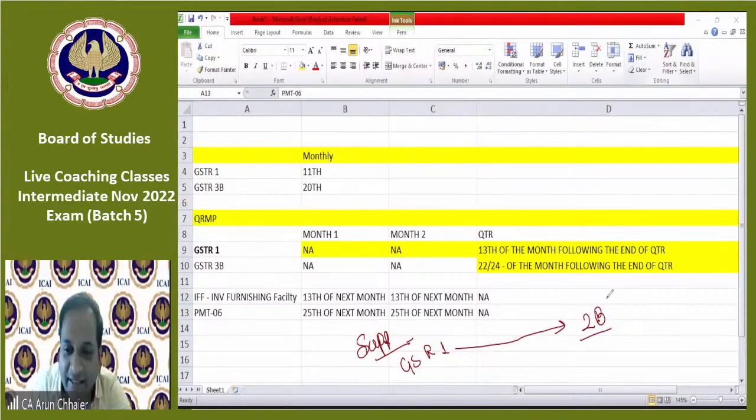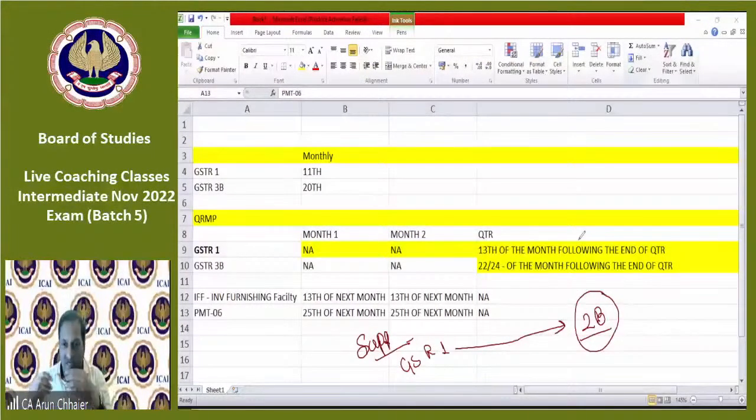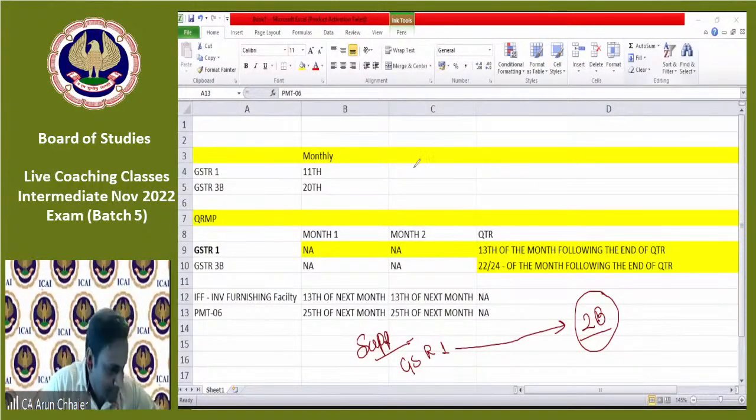Can we say that 2B is my auto-populated purchase? Suppose you are the seller and I am the customer, and I have purchased something from you. Once you file the GSTR 1 by the due date, it will appear in the GSTR 2B. So one thing I can say, it is auto-populated for my inward transaction, that is purchase. Kindly confirm.